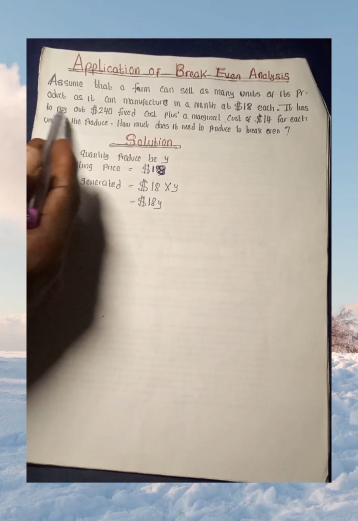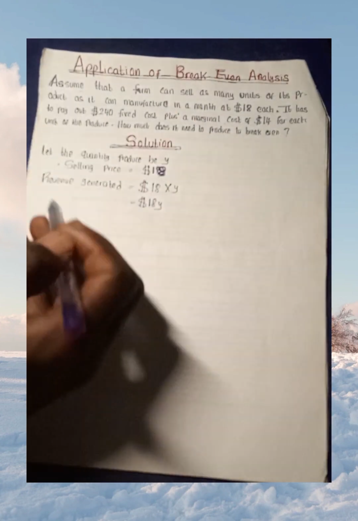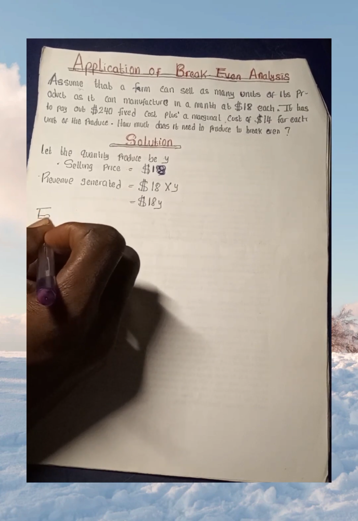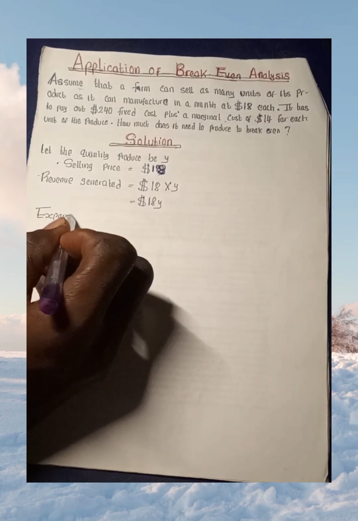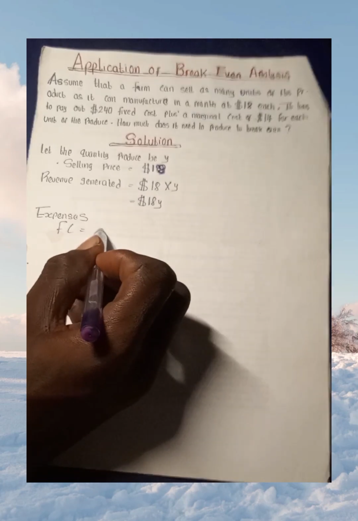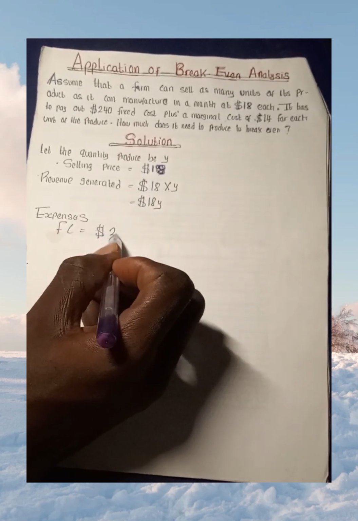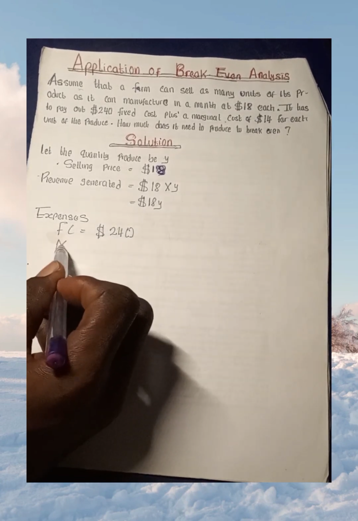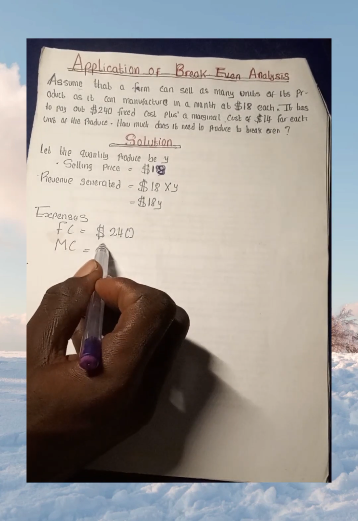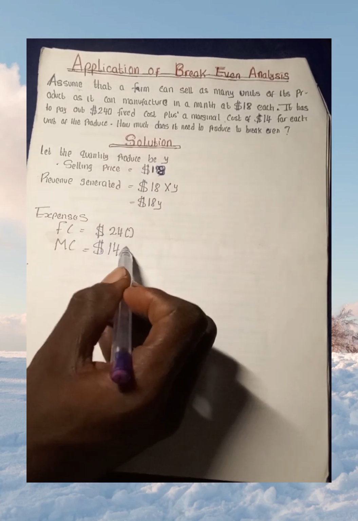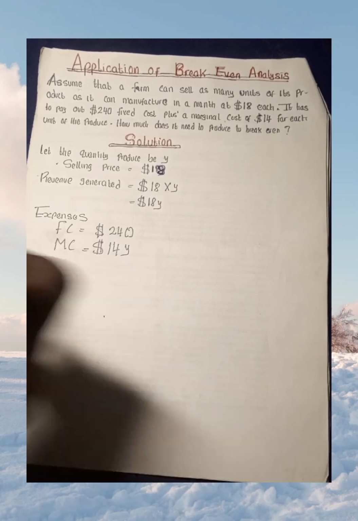So the expenses: a fixed cost of $240 and a marginal cost of $14 each, $14 of y. Let me put it like that.